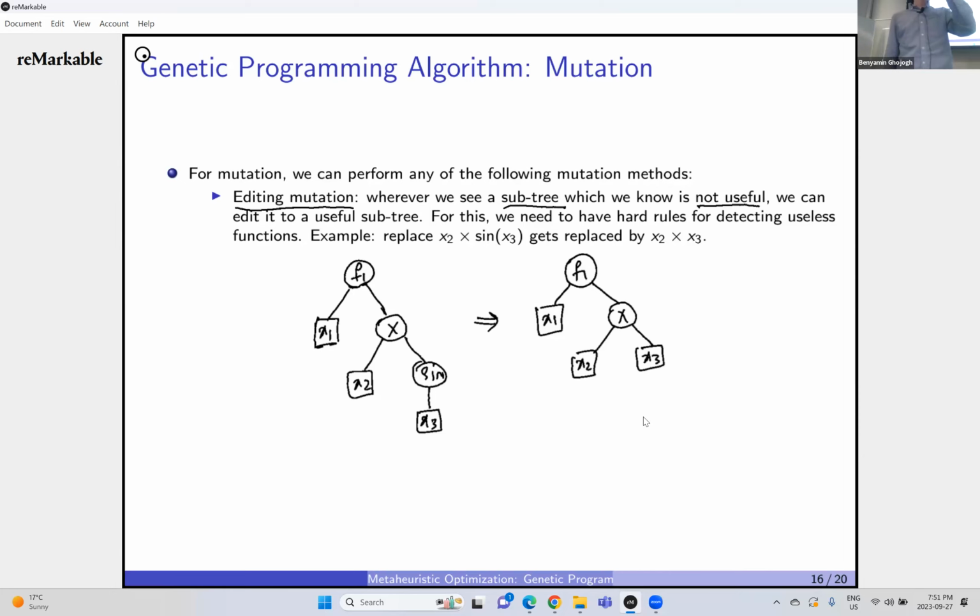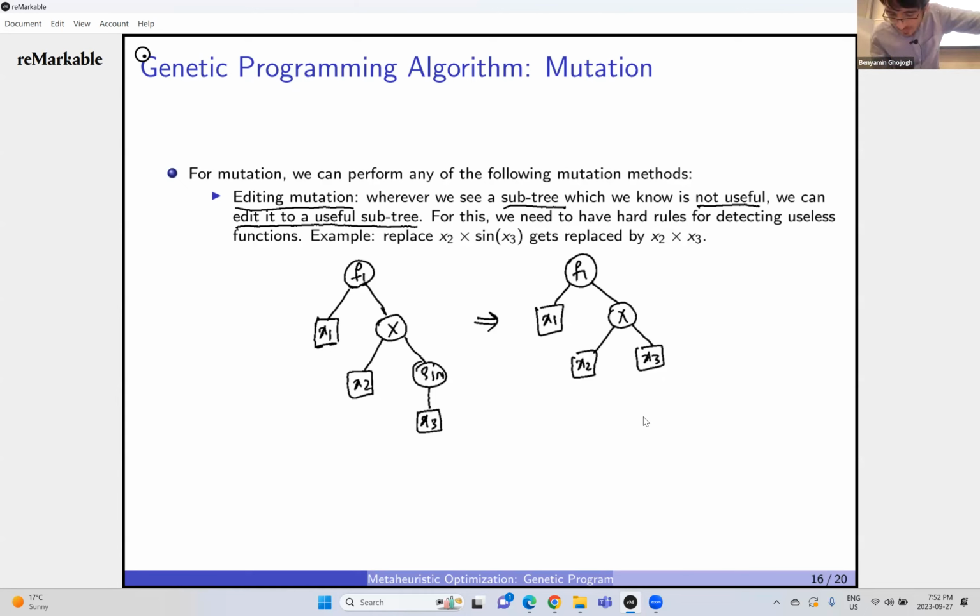For example, the user knows that some sub-function expression is not useful. For example, I know that sine of x1 over the square root of x2, I don't want that to appear in my solution. It's not good. Then whenever that happens, I edit that, so we can replace it with a useful subtree, right?